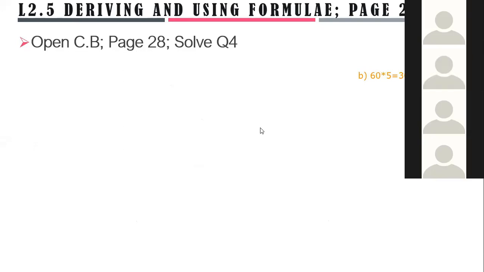London uses this formula to work out the pay of his employees. How much does he pay each of these employees? P equals HR plus B, where P is the pay, H is the number of hours worked, R is the rate of pay per hour, B is the bonus.